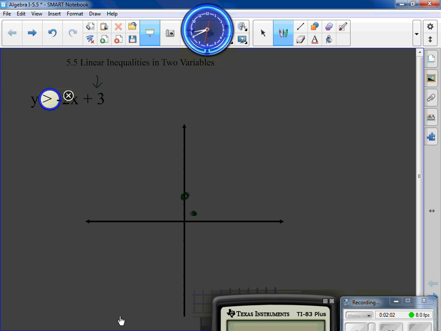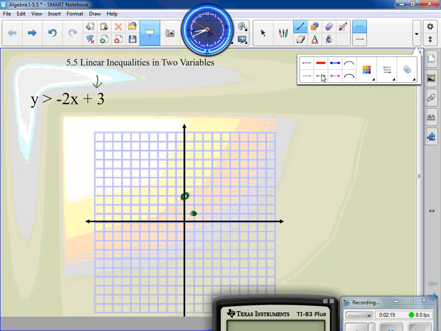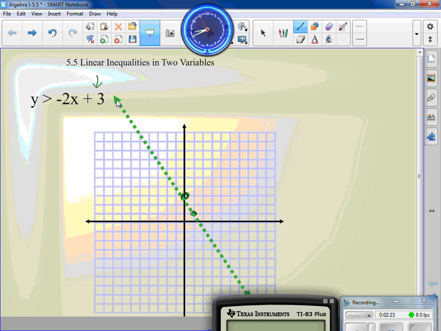If I were to graph something on a number line, would my circle be open or closed? Why would it be open? It's not equal to. Since it's not equal to, I am not going to have a solid line. I'm going to have a dotted line. So you draw a dotted line through those points.